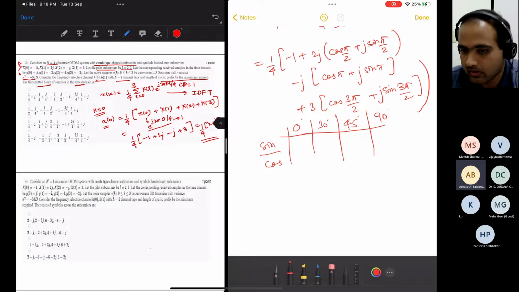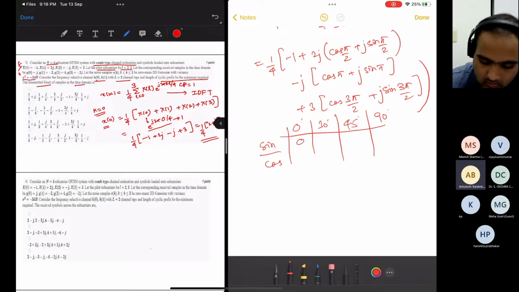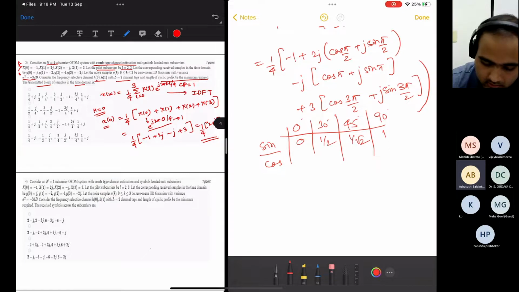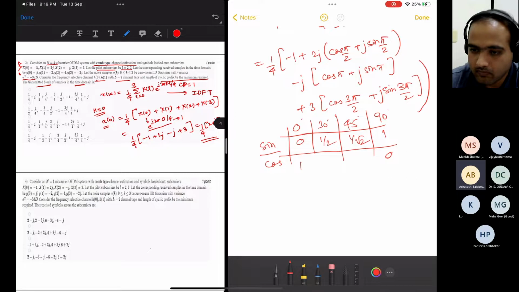I hope you know these values. So sine is 0, 1/2, 1/√2, 1. And in cos, it gets reversed. So cos 0 is 1, and similarly cos 90 is 0. Is anyone having any problems in this?